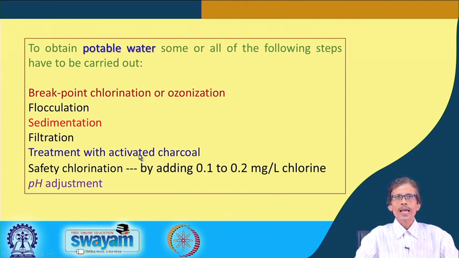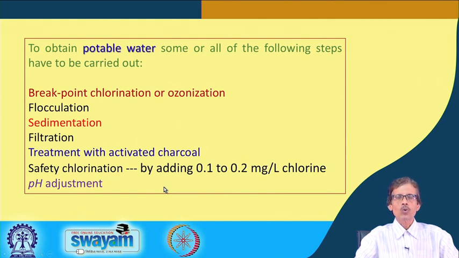So, we can activate those charcoals by burning off some unwanted material which is adsorbed over the charcoal, and we can utilize that charcoal packed in a filtering column, like our ion exchange column.